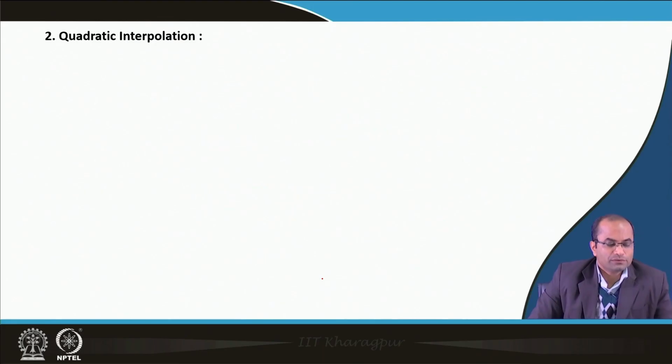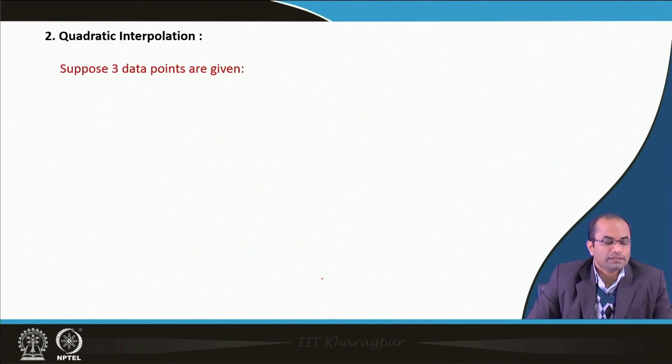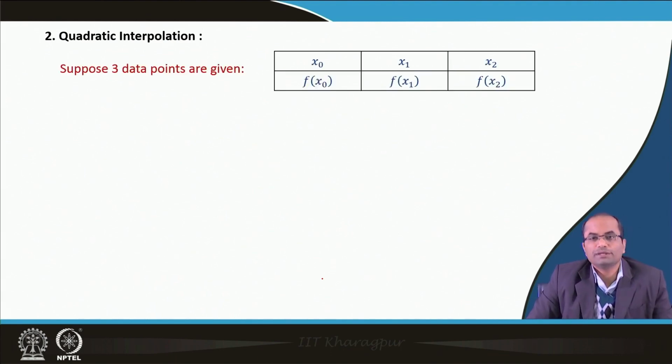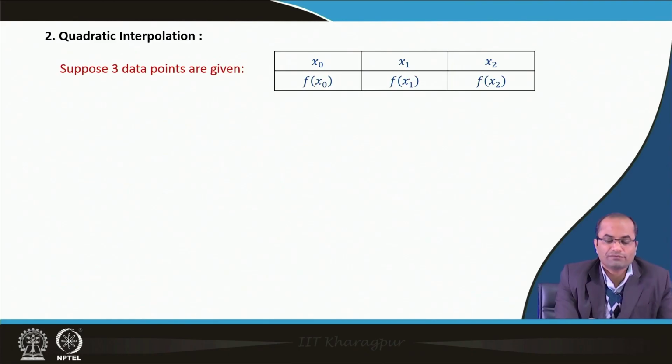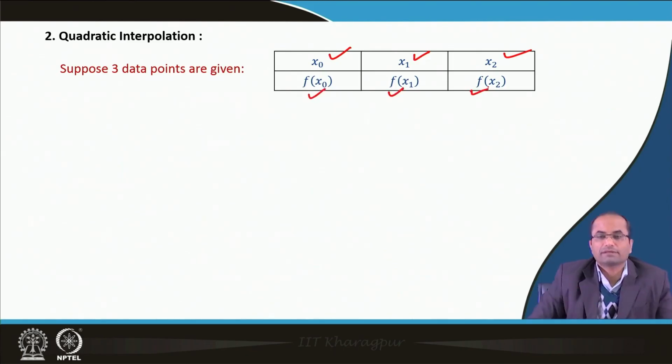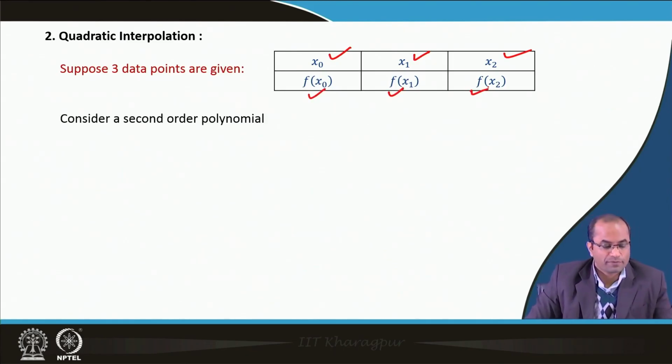Now, going further to have a more general formula, let us first derive for the quadratic interpolation. That means, now suppose there are 3 data points, instead of 2 we have 3 data points. We have x naught, x 1, x 2 and their values f x naught, f x 1 and f x 2 are given.